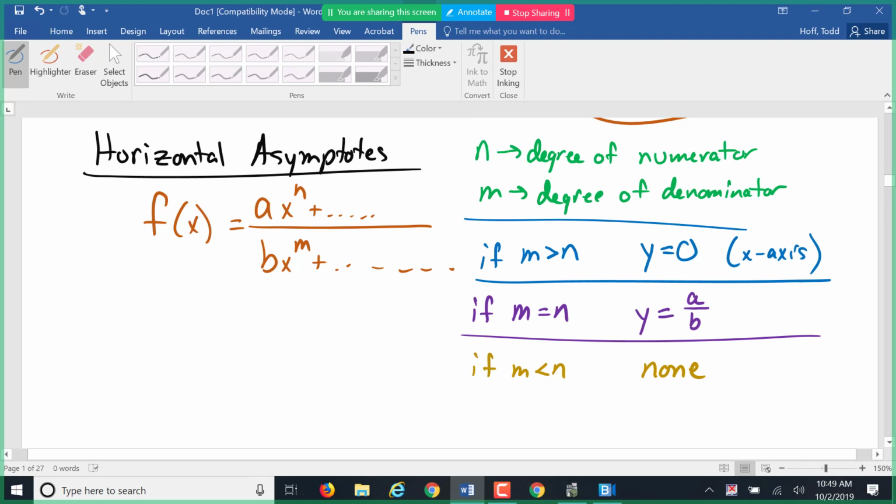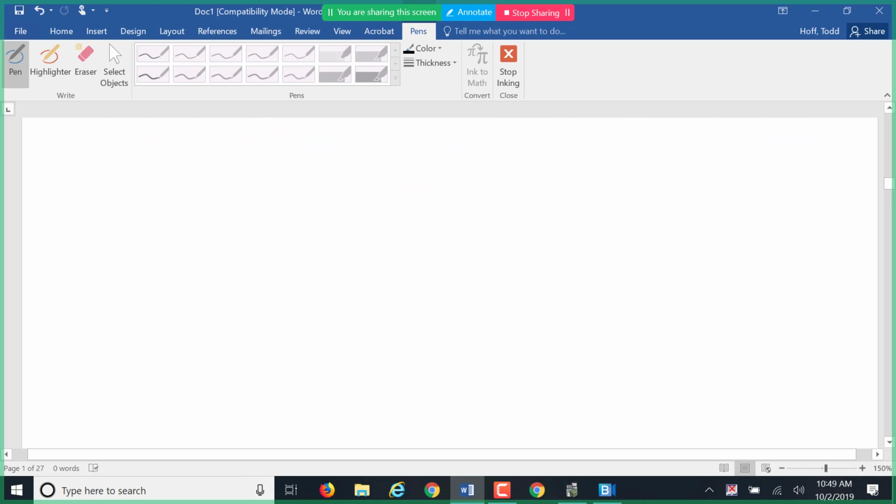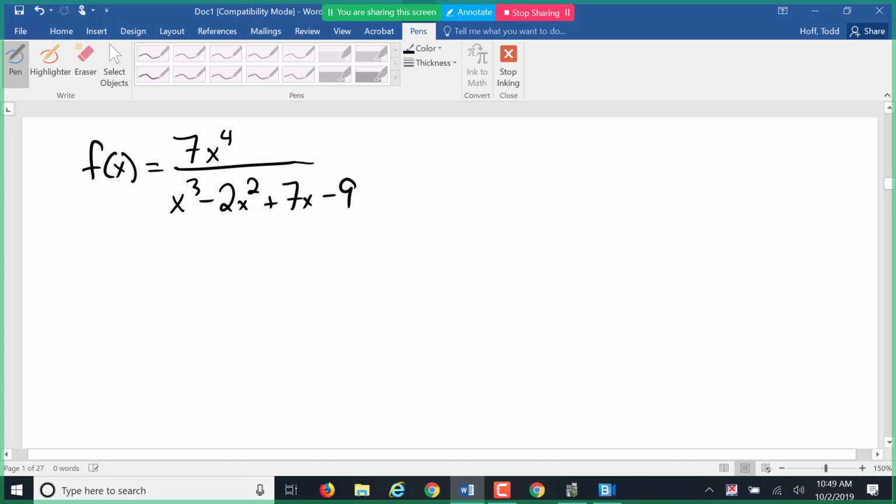So let's take a look at some examples here. F of x equals 7x to the fourth over x to the third minus 2x squared plus 7x minus 9.